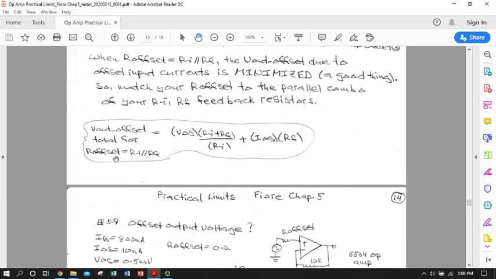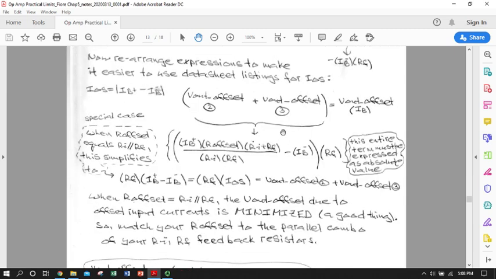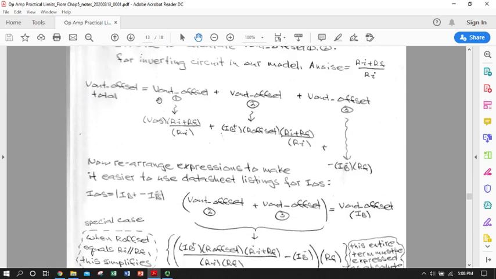So in that case, if we've set our R offset optimally, we just end up with the V out offset component 1, which is coming from our VOS times the noise gain, plus IOS times RF. So we'll be using either this entire expression, where this term and this term are combined in an absolute value and can only add to this term.